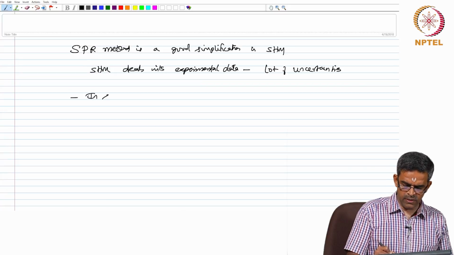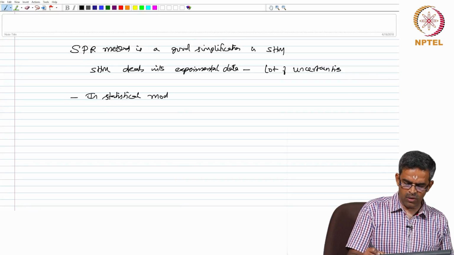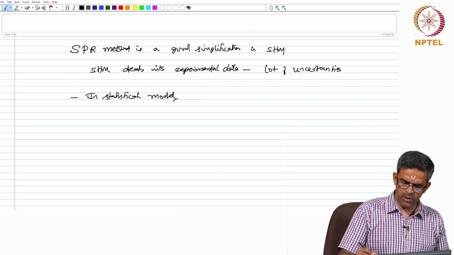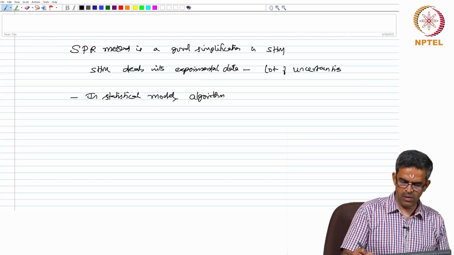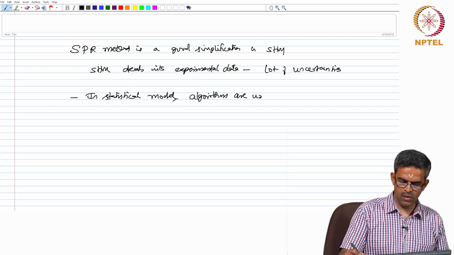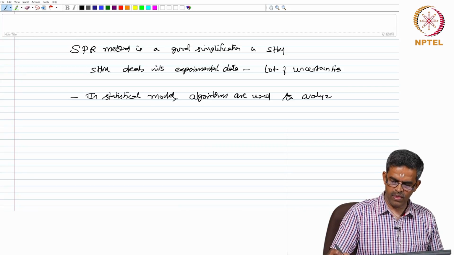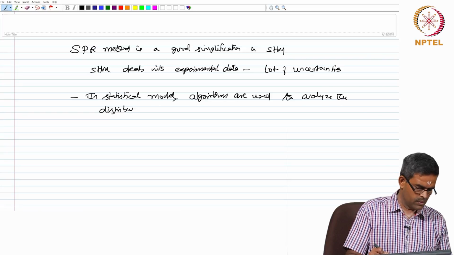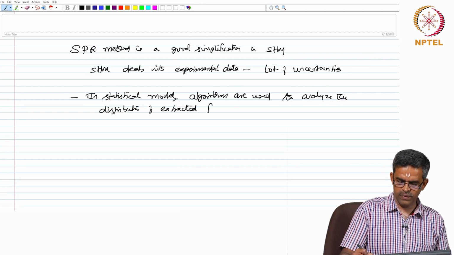These uncertainties can be handled in a statistical model. Different algorithms are used to analyze the distribution of extracted features.